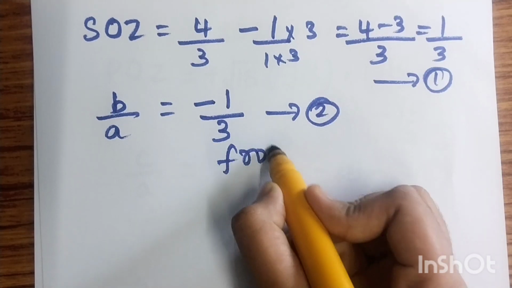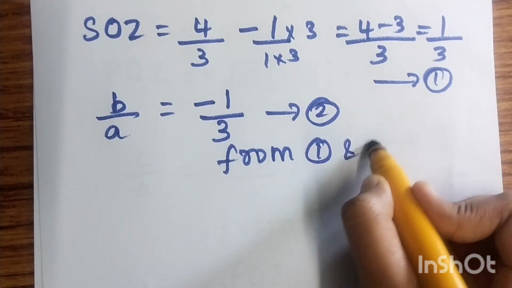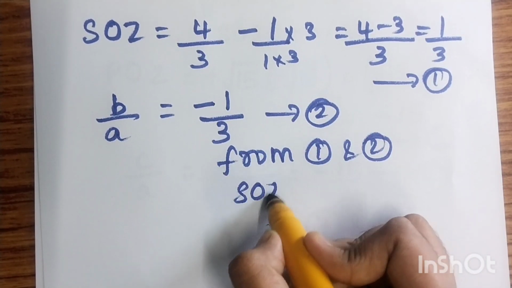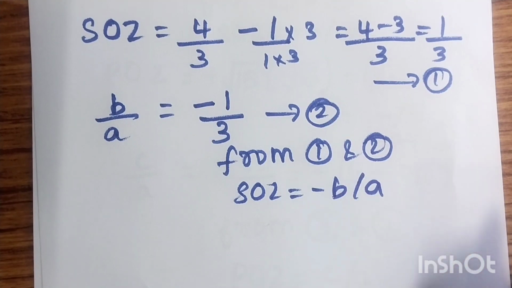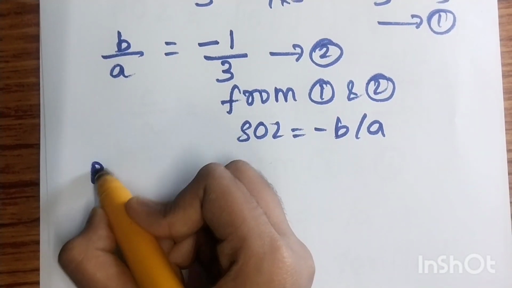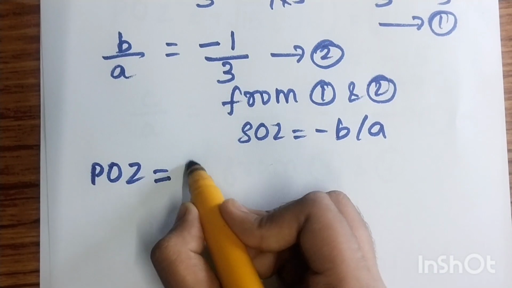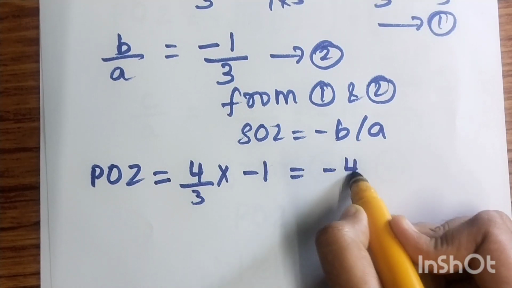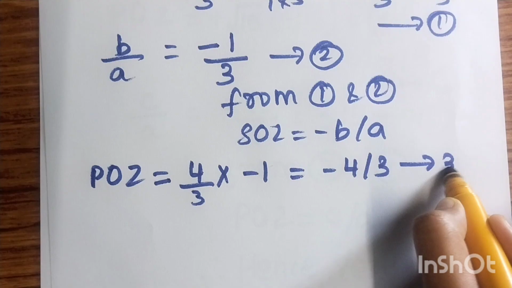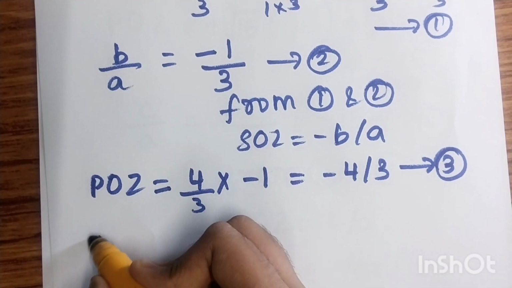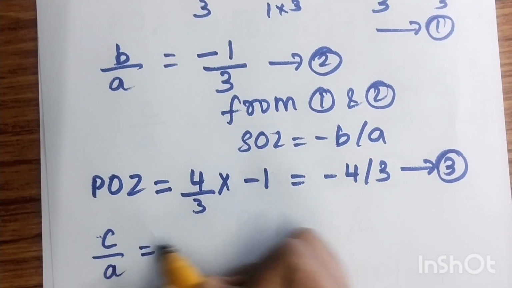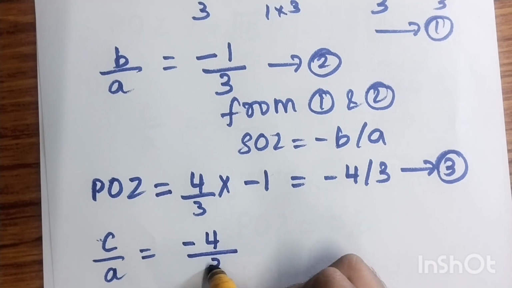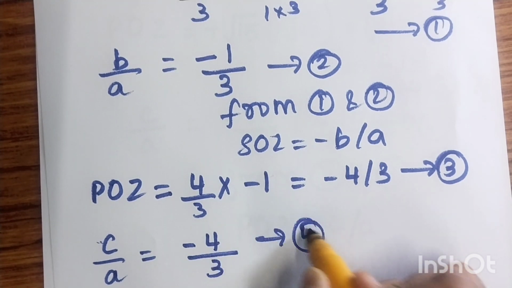From 1 and 2, SOZ is equal to minus b by a. Next, POZ, the product of the zeros, is 4 by 3 into minus 1, so minus 4 by 3. This is your third equation. Next, c by a. My c is minus 4 and a is 3, so this is my fourth equation.